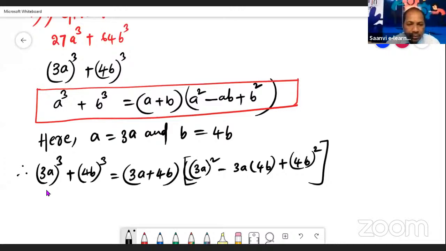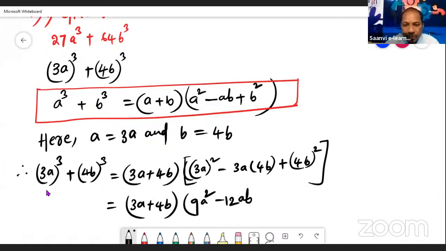Okay. Now 3a plus 4b into here 3a whole square means it is 9a square. 3a whole square means it is 3 square and a square. So 9a square minus here 3 4s are 12, a into b, ab, 12ab plus 4b square means 16b square. Okay. So this is the factorization of the given problem.